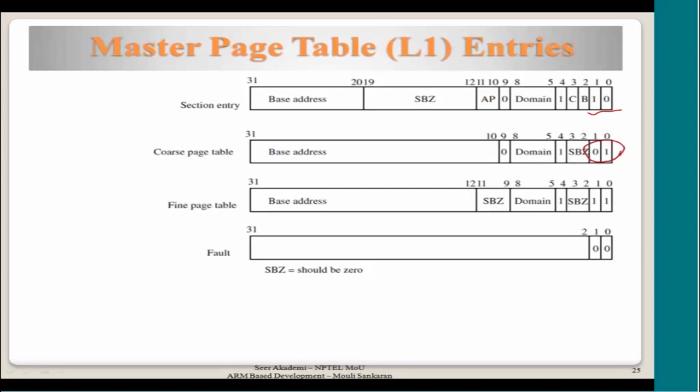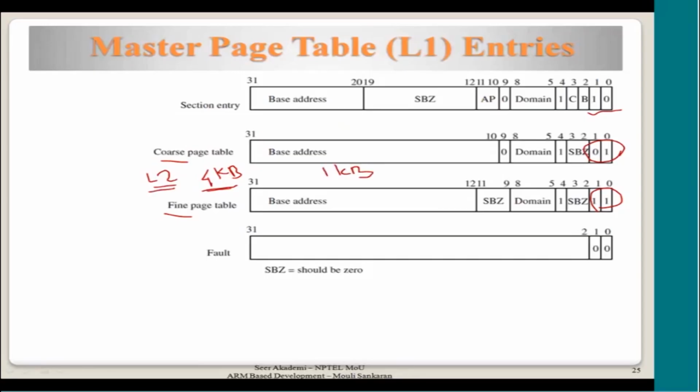But if it is 01 or 11, then it corresponds to a coarse page table or fine page table, which I told you are two L2 tables of different sizes. The coarse table has 4 KB page size, so what is the page size of the coarse table?